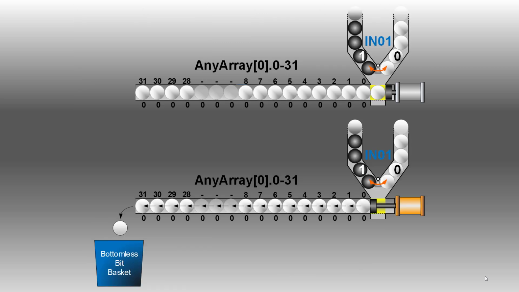Here in the top image, you have a white ping pong ball that's staged at the shift register. Now remember that the stage position is not part of the 32-bit word. When we execute this shift, it pushes all 32 ping pong balls plus the one from the bit address.